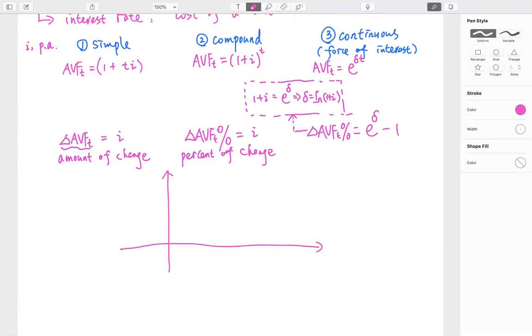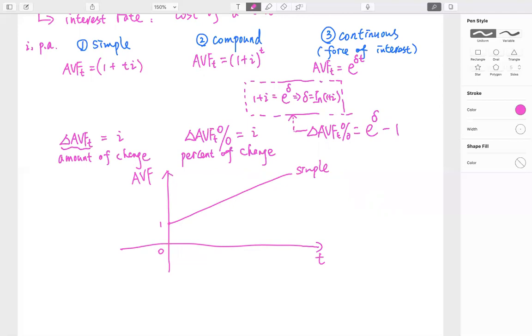the horizontal axis is time, the vertical axis is accumulated value factor. So at time 0, assume you have $1, and your simple interest grows like this. This is simple. It's a linear function. It grows linearly at the same speed.